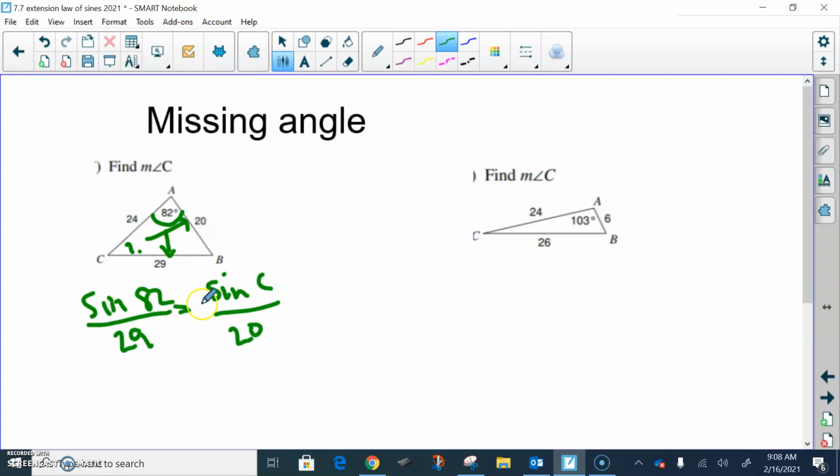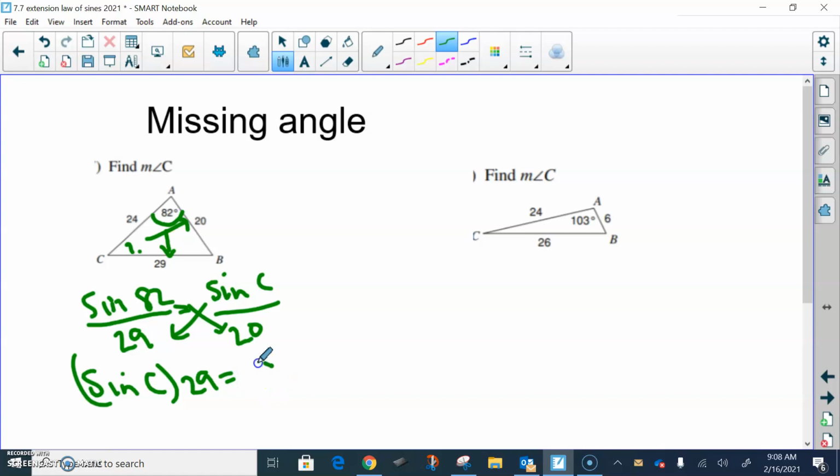We're still going to cross multiply. So I get sine of C times 29, that's our unknown, is to sine of 82 times 20. I'm going to divide each side by 29 to get our unknown by itself.